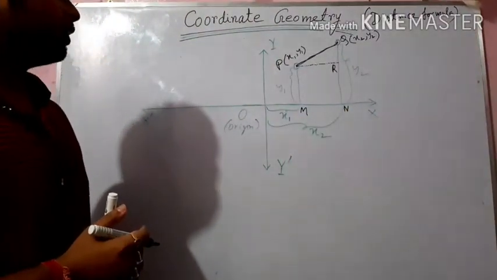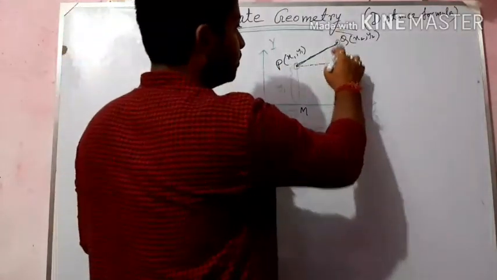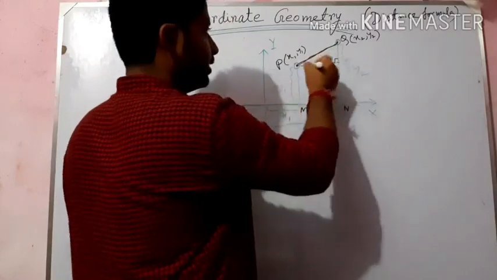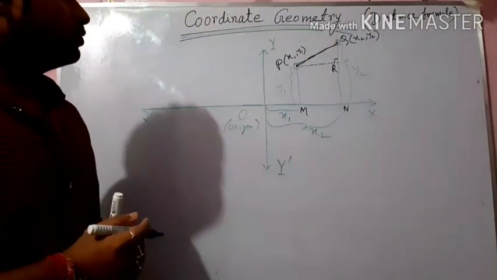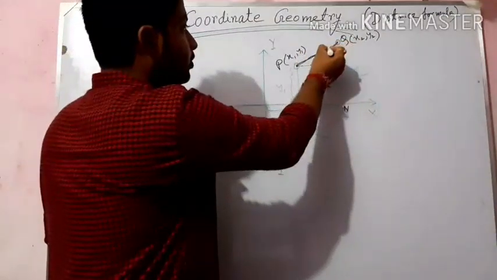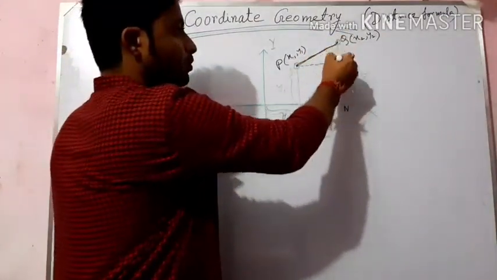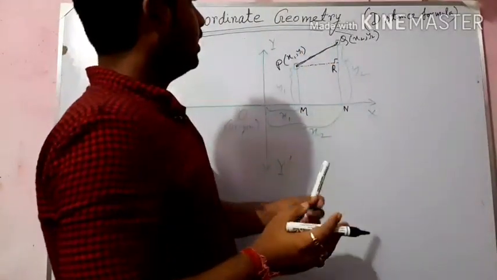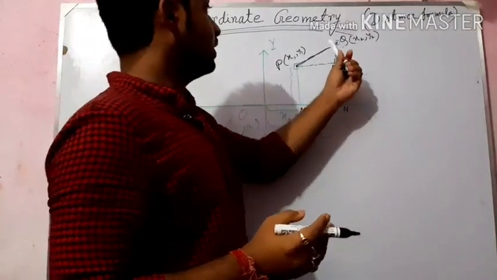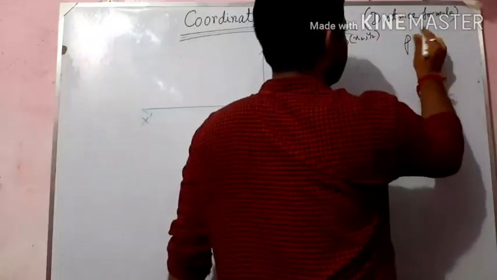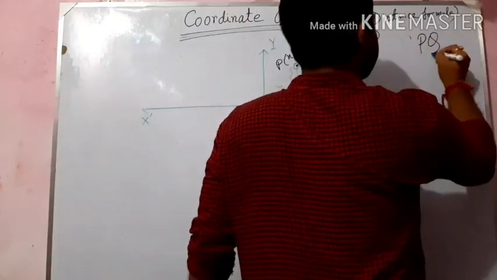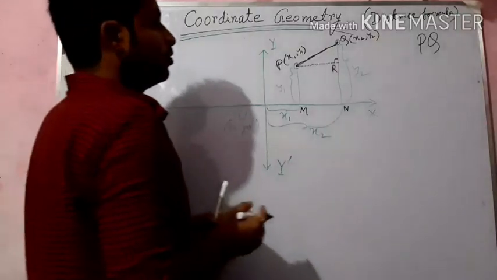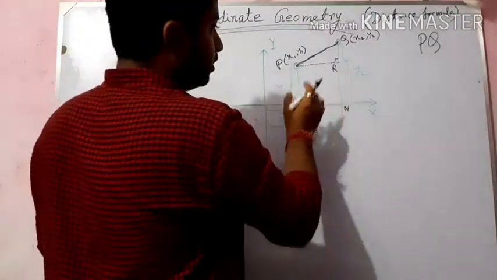Now see, since I have drawn a perpendicular on this line, this is right angle and this is a right angle triangle, right? So this is the hypotenuse of the formed right angle triangle, right? Here, if I have to find out the length of this line PQ, that is actually the distance of the given two points P and Q, we have to apply the Pythagoras theorem here.